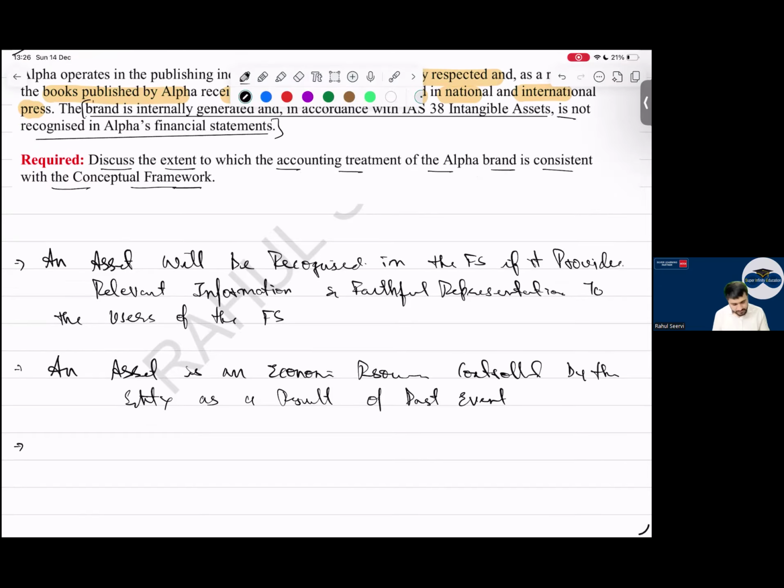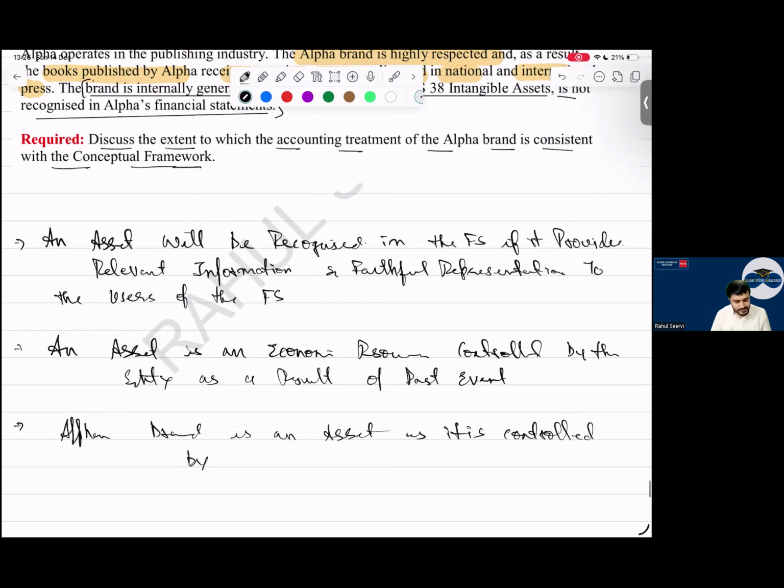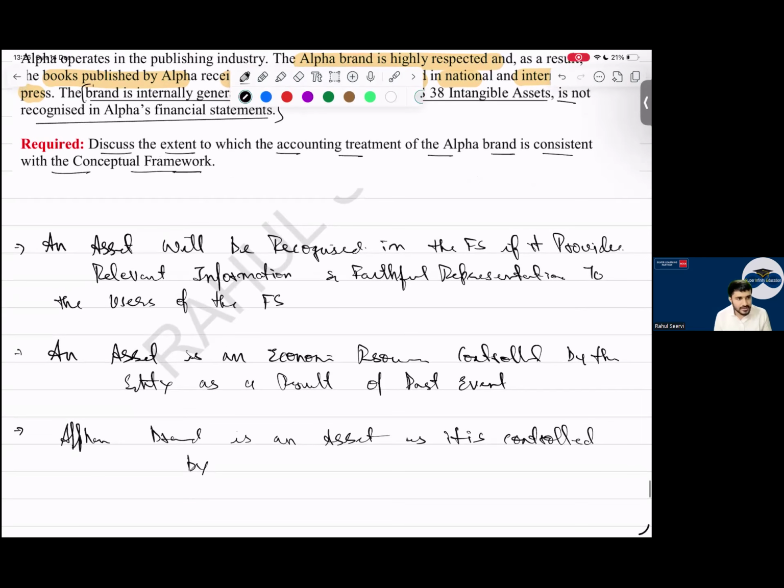Now justify whether this brand, can I say Alpha brand is an asset? Alpha brand is an asset as it is controlled by, किस कौन कंट्रोल कर रहा है? As it is controlled by Alpha only, no? As it is controlled by the entity and provides future economic benefits.